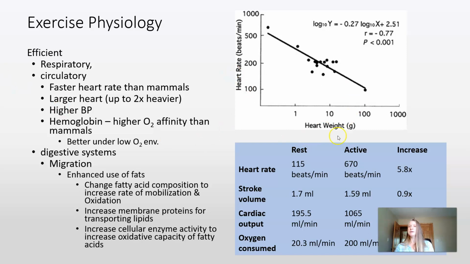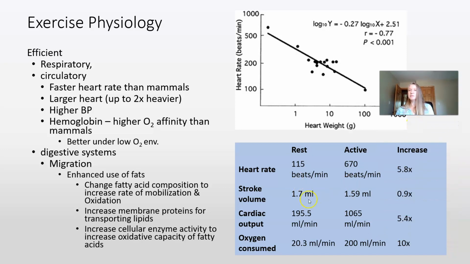Here, we're going to come up here. I was just mentioning heart weight and heart rate. This table I brought in here, again, looks at heart rate, stroke volume, cardiac output, and oxygen consumed at rest and active, and how much they're able to ramp up. So during exercise, they can have an increase in heart rate of 5.8 times.